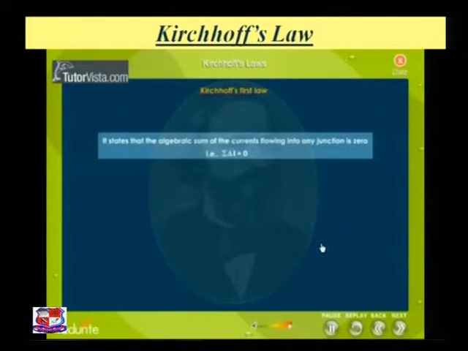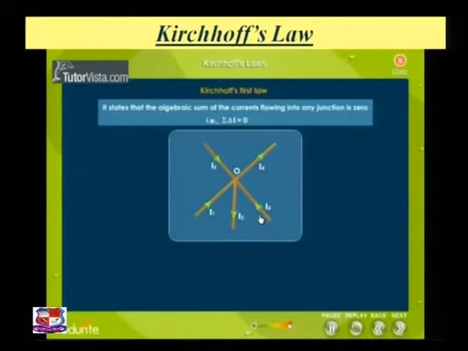According to Kirchhoff's current law, we already learned that sigma I in equals sigma I out. See the figure. Here I1 enters, I2 leaves, I3 enters, I4 leaves and I5 enters at node O. According to Kirchhoff's current law, the inward current is taken as a positive sign and the outward current as a negative sign.